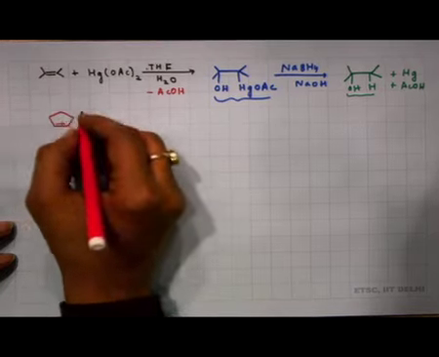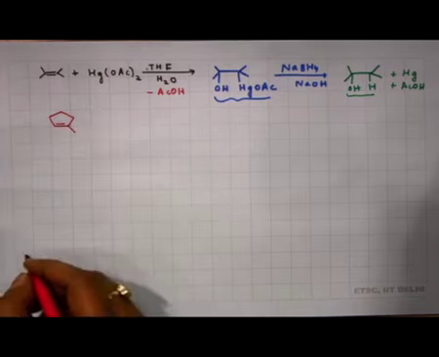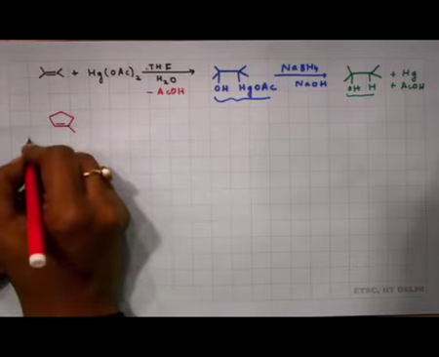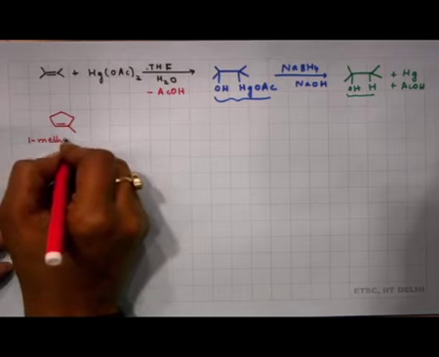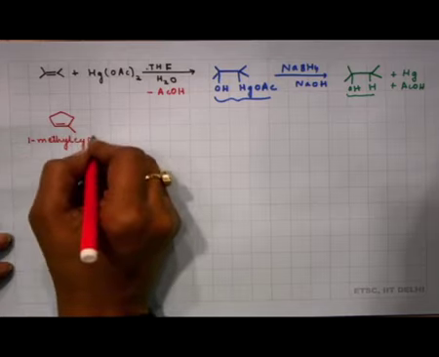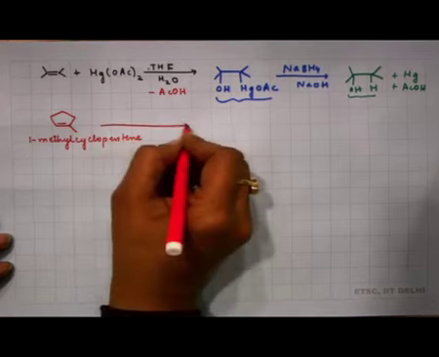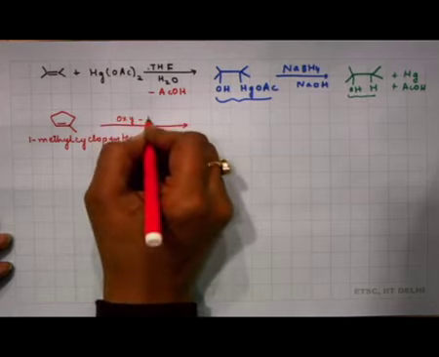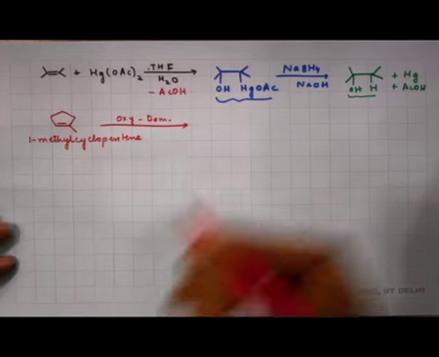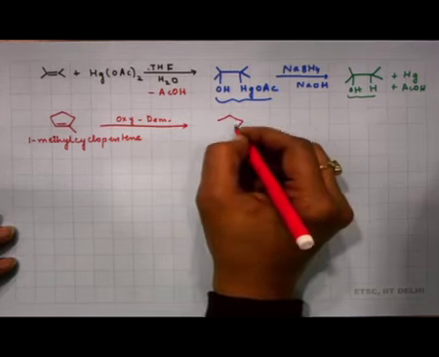from these molecules. So, if you start with this cyclic olefin, which is a 1-methylcyclopentene, and you subject it to this oxymercuration demercuration reaction, there are two possibilities.